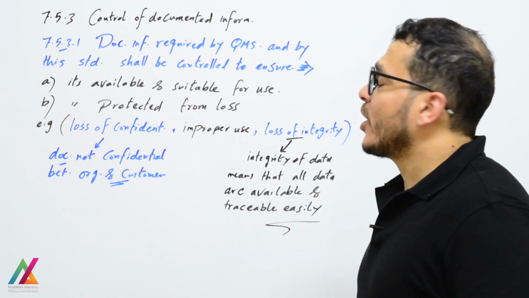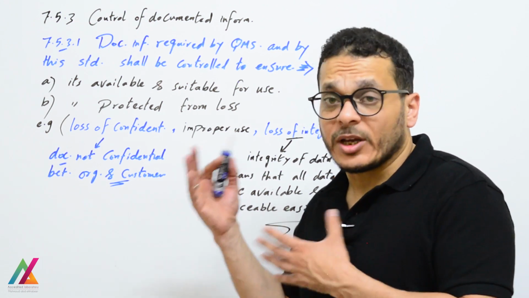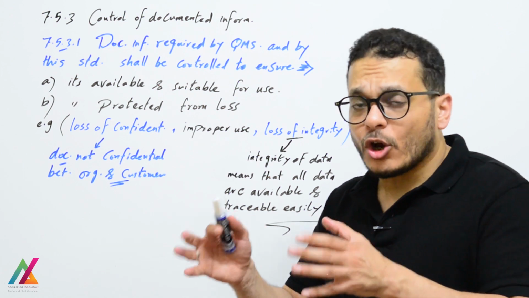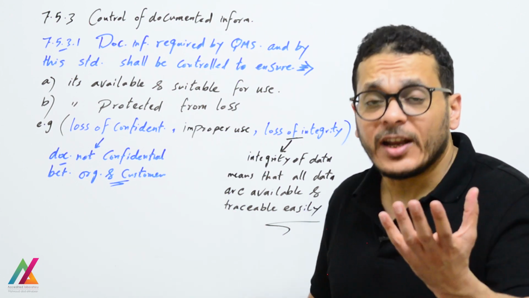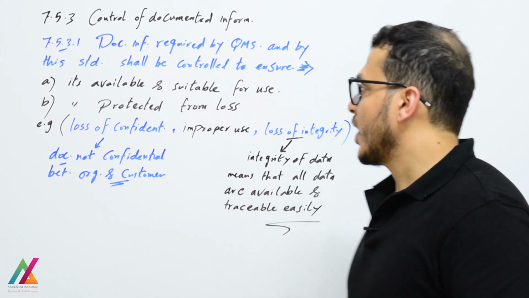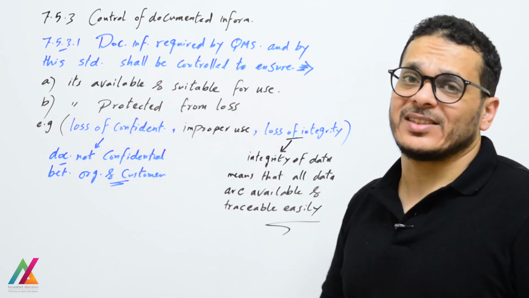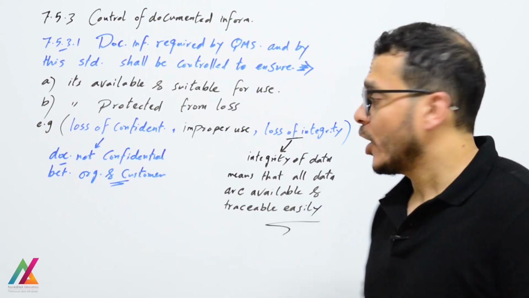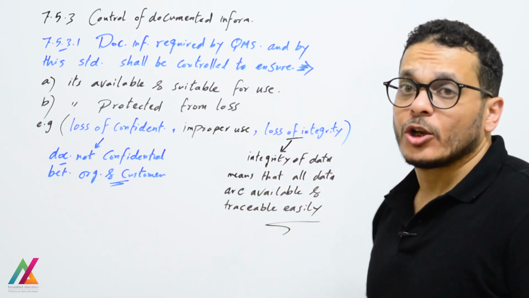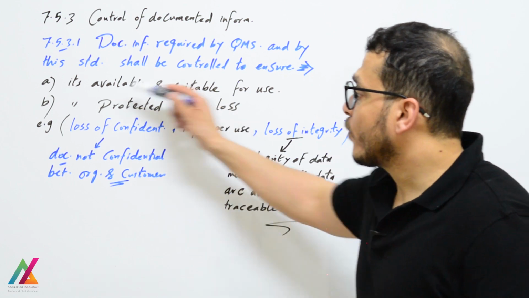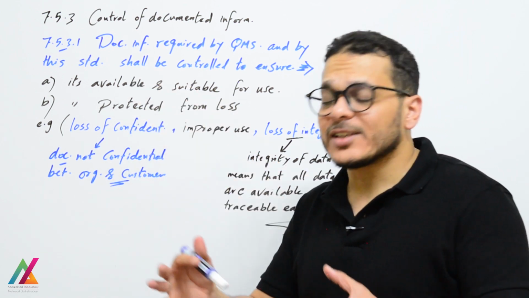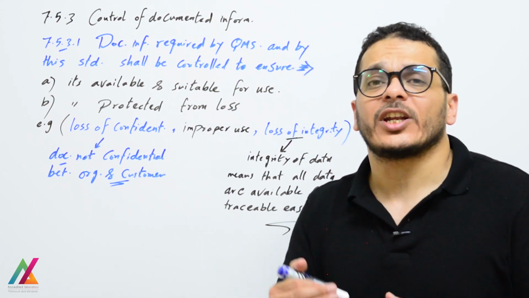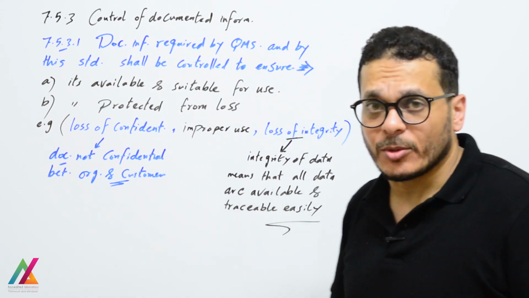So documented information required by the quality management system and by this standard shall be controlled to ensure that these documents are available and suitable for use, and also shall be protected from loss of confidentiality, improper use, and loss of integrity. Loss of confidentiality means the documented information is no longer confidential between the organization and the customer.